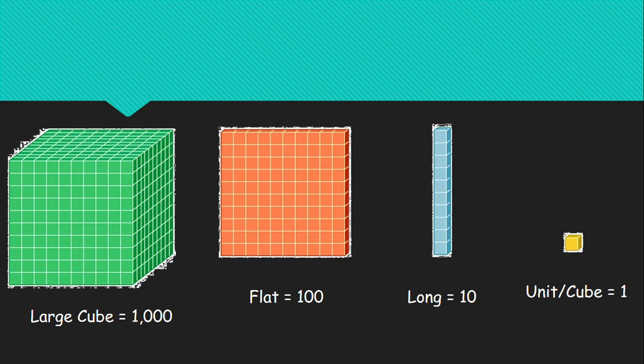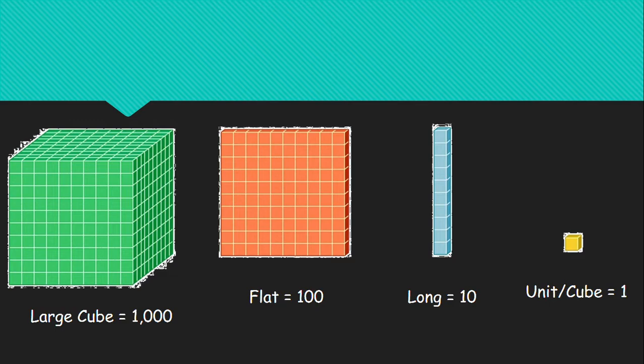All right, next thing on my list is we need to know the different base 10 blocks. We know them already, but it's just a good refresher to remember. So we have a large cube, which is 1,000. And that basically means that there's 10 hundreds in there, or you could say that there's 100 longs in there, or you could even say 1,000 little tiny units.